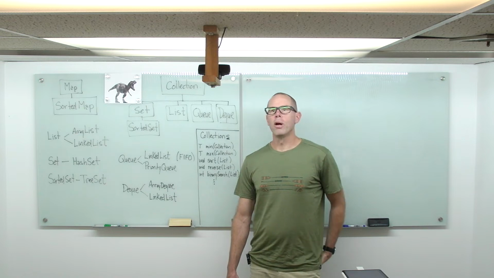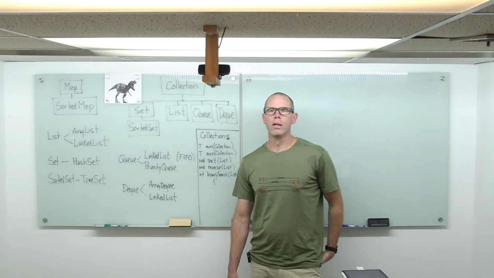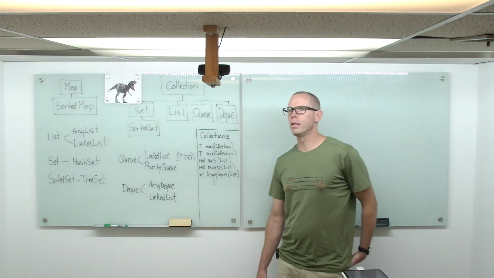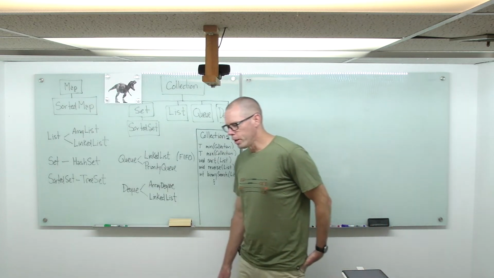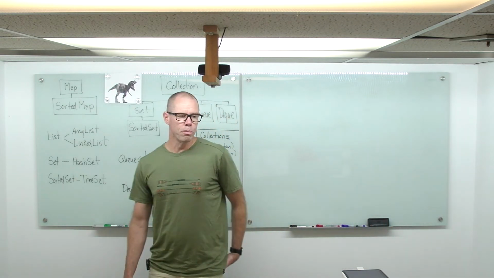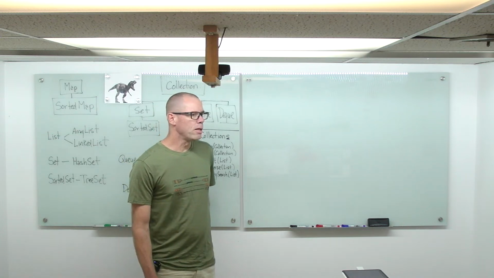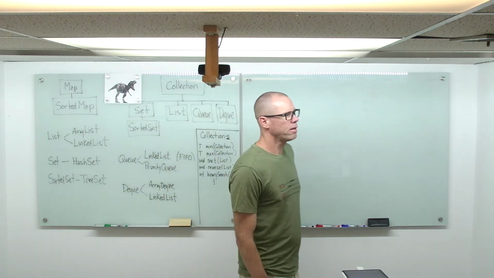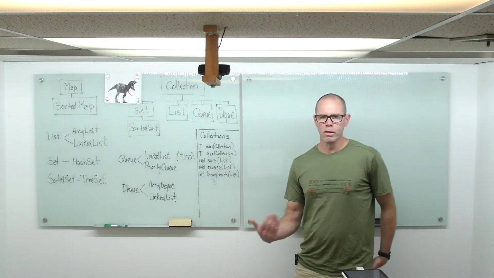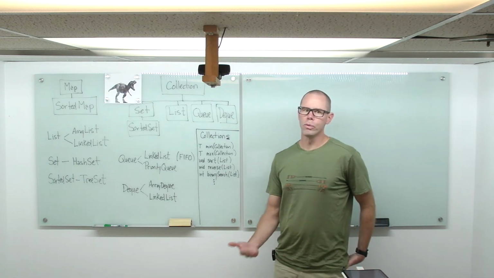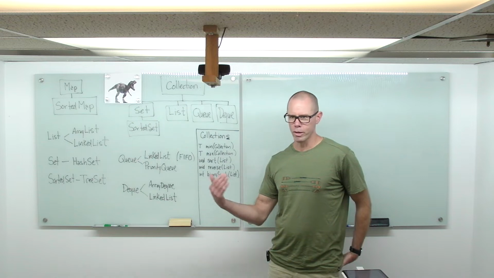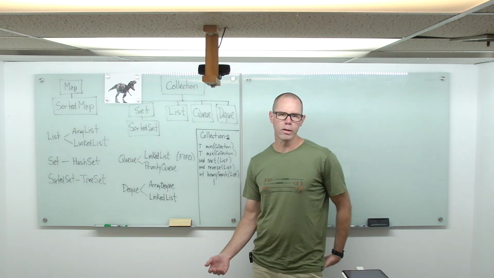Okay, so does a priority queue always remove the smallest item, or does it depend on the implementation? A priority queue removes the smallest item, but smallest here is always defined in terms of the compareTo function, or the comparator that's being used in the priority queue.